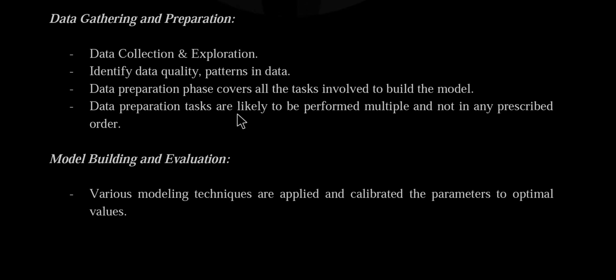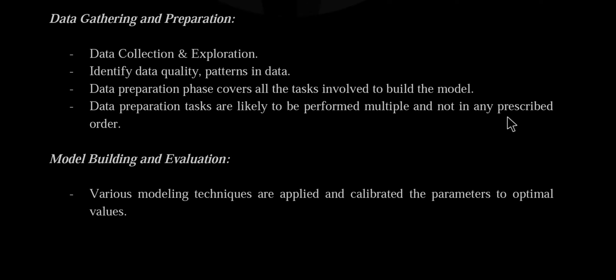Data preparation tasks are likely to be performed multiple times and not in any prescribed order. What it means is that while we prepare data to make the quality better, it can be performed multiple times, in an iterative manner, to get better and better quality of data.